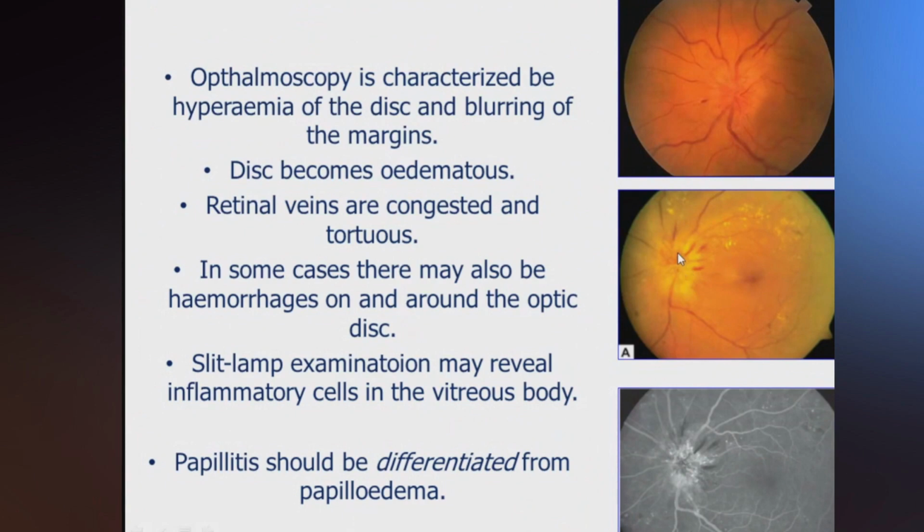When we examine the patient using the slit lamp, we can see inflammatory cells in the vitreous body. When we see the patient with papillitis, we should differentiate this condition from papillar edema. I'll explain to you how to do this a bit later.